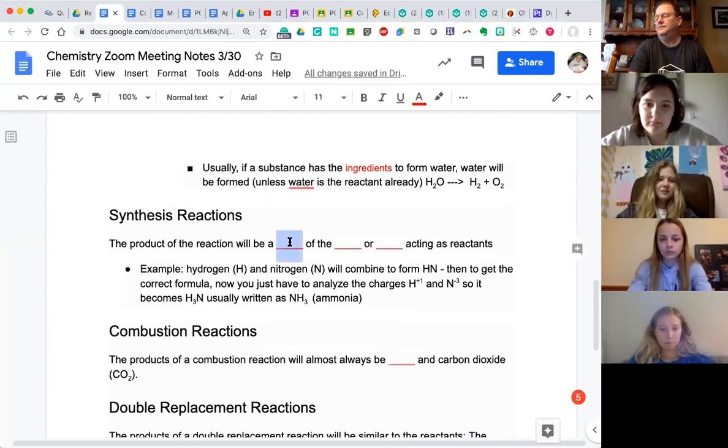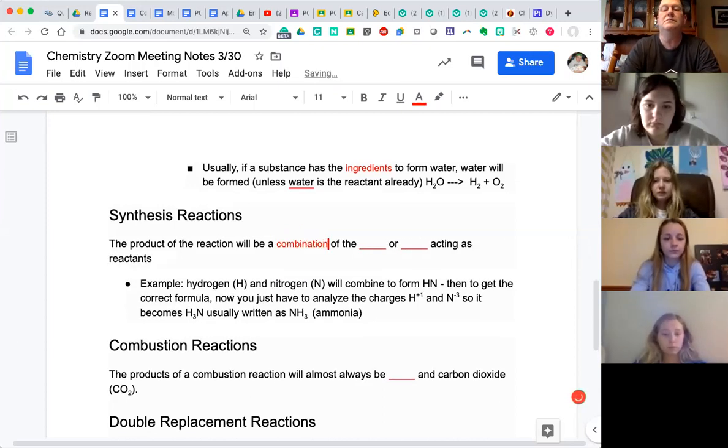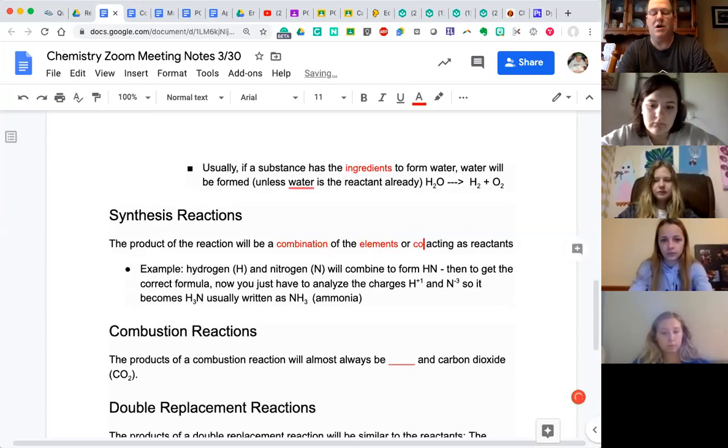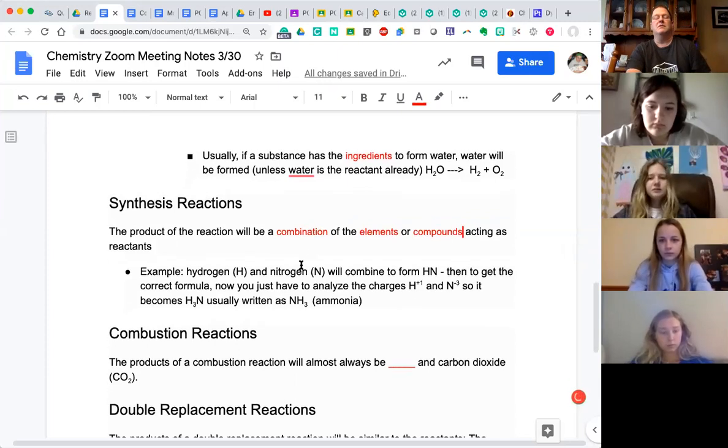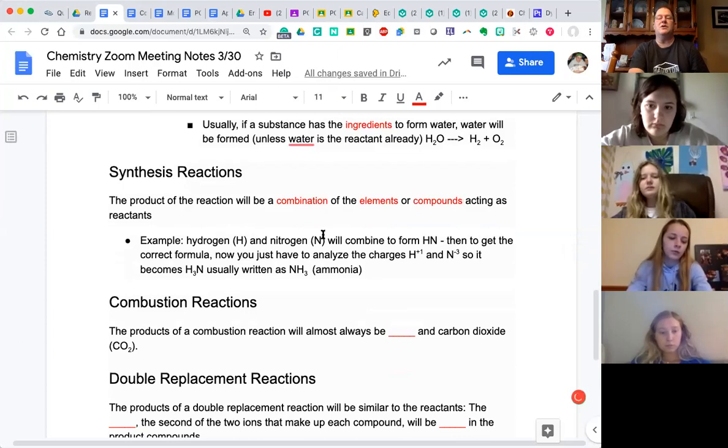Okay, synthesis. So again, the product of a synthesis reaction will always be a combination of the elements or the compounds that were the reactants. So we're just going to put them all together. The example here: hydrogen and nitrogen combine to form HN. Then you have to look at the charges to get the right formula.